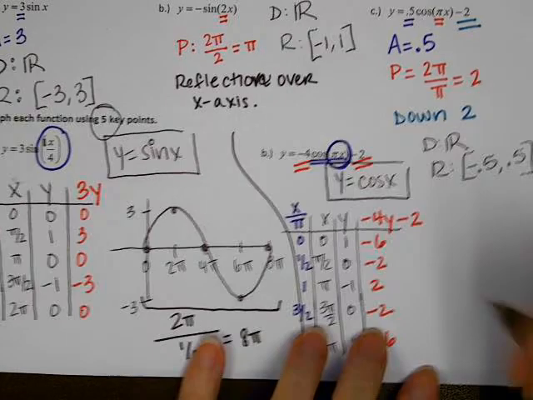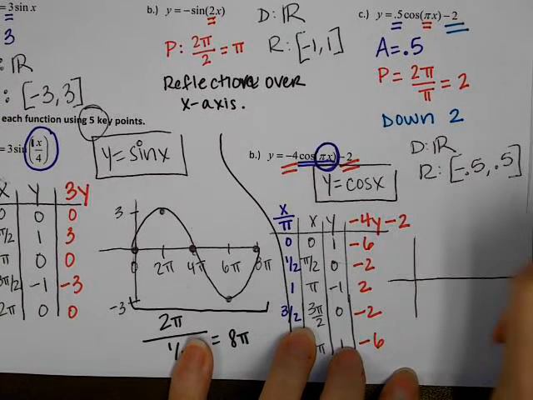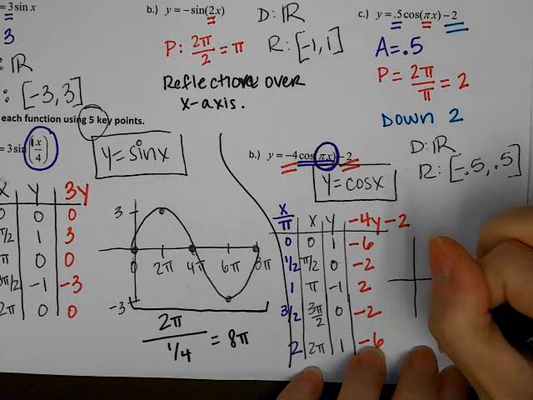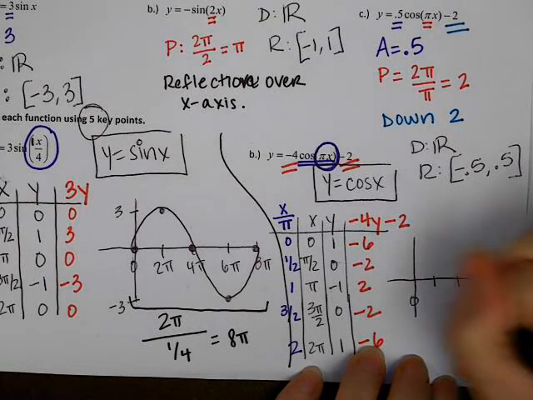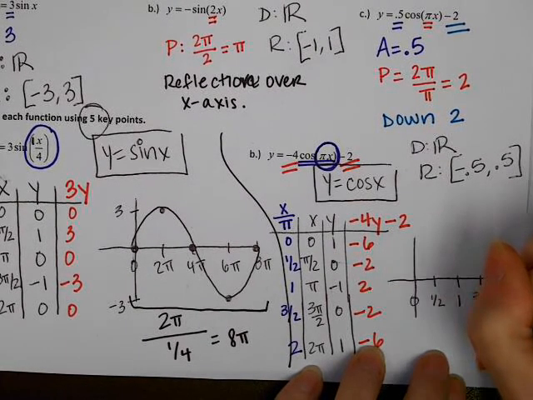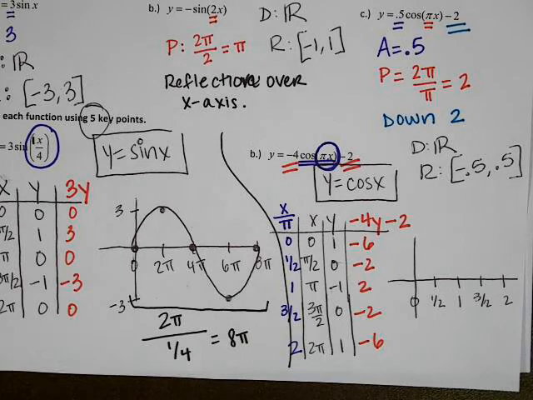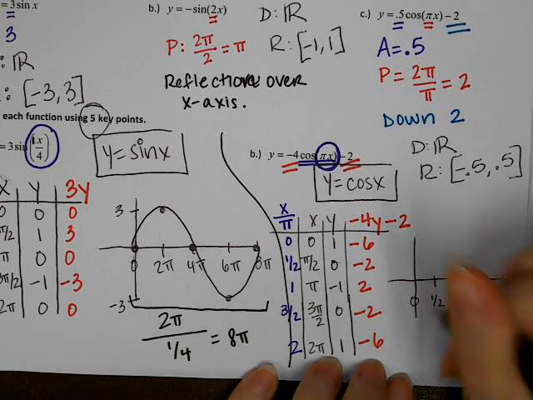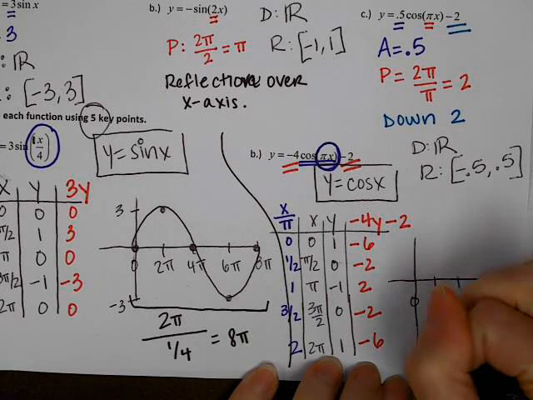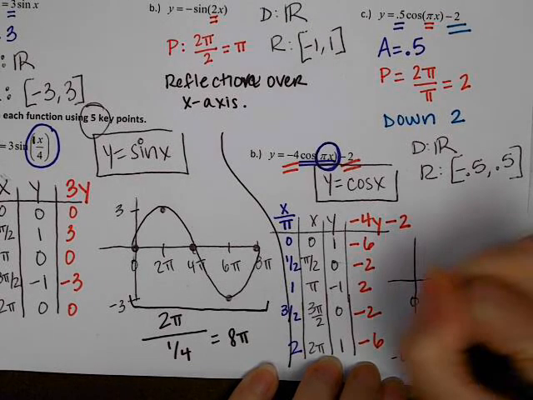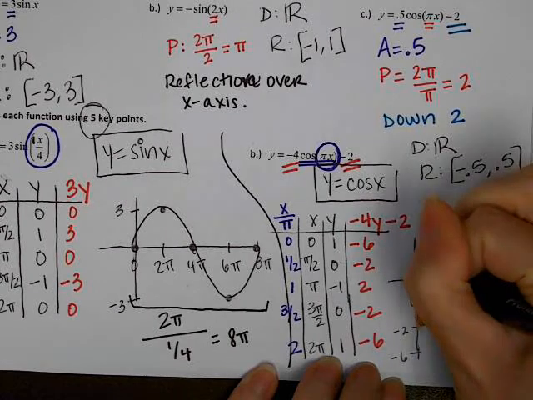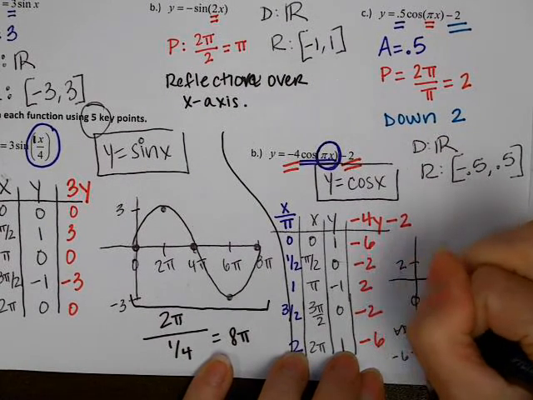Okay, let's sketch our graph. Our new 5 key points are 0, 1/2, 1, 3/2, and 2. Now let's see. So now our y's go from negative 6 to negative 2 to 2.